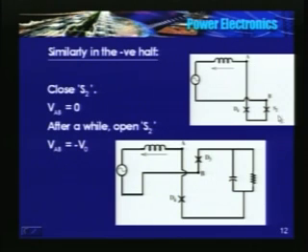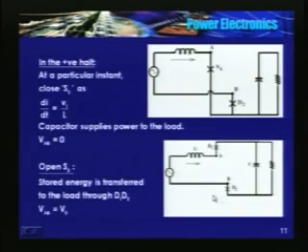Here VAB is 0, whereas here VAB is minus V0 in the negative half. A is connected here, B is connected there. So VAB is negative, whereas in the previous case, in the positive half, VAB is nothing but V0 itself.